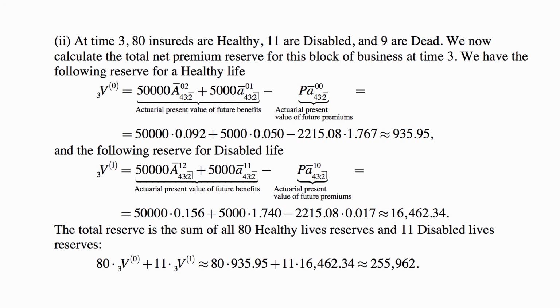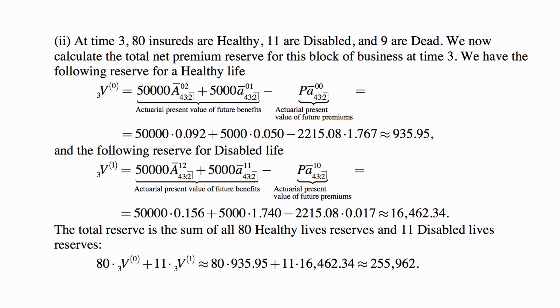Minus the premium payment, which is also an annuity, but now look, it says 10 in the superscript, which means that the person is disabled now, and the payment will happen as long as the person is healthy in the future. So while the person is healthy. So the person has to transition first to state of being healthy before any payment is made of this premium for the policy.